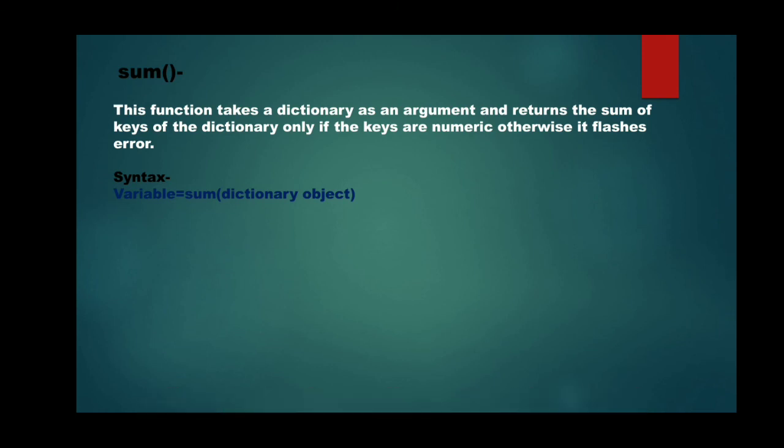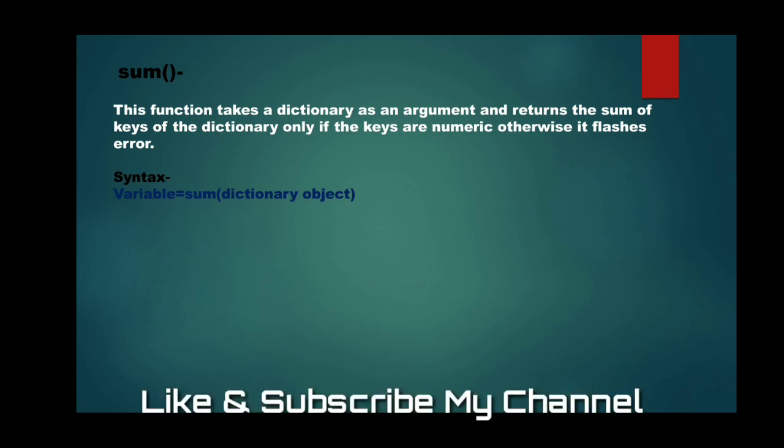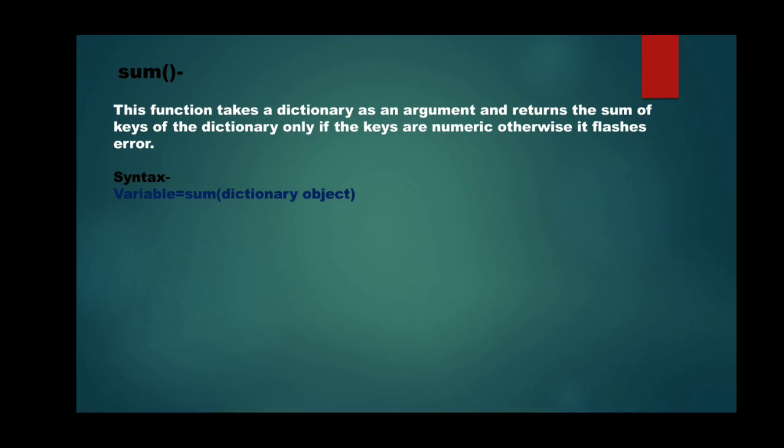But you have to remember one thing over here: the keys have to be numeric if you want to apply this function. If the dictionary keys are not numeric, then it will give you an error. And how do we write it? Variable is equal to sum, and then the dictionary object is passed as an argument. The variable is going to contain the sum of all the keys of the dictionary.